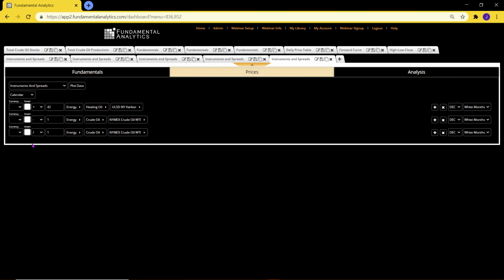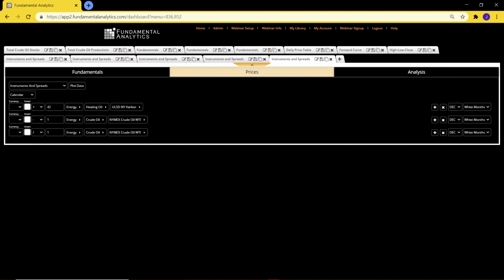Is the crack spread high because prices are high, or is the crack spread high because one was very low, in this case, the crude oil price relative to the heating oil price? And we don't know that unless we adjust it by one of the factors. In this case, I'm using the crude oil price as a factor to adjust it or normalize it.